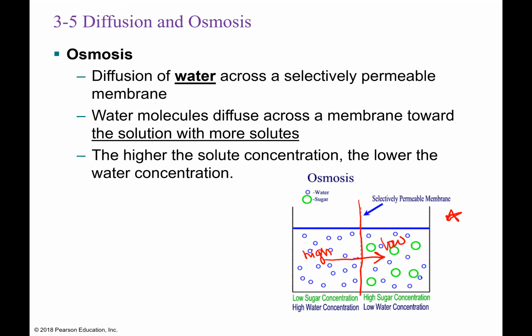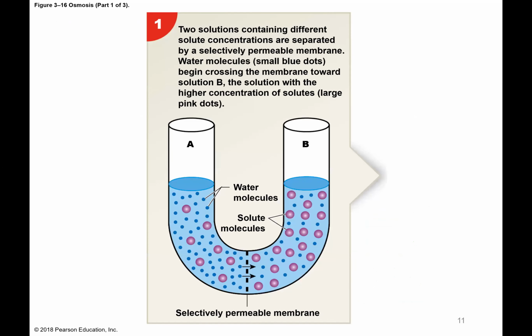And when it does that, the net volume increases and the water level will increase. It will continue to increase and rise on that side, and the water level will decrease on this side until you have reached equilibrium of solute concentration. And this is across the selectively permeable membrane, and it actually causes a physical change that you can see.